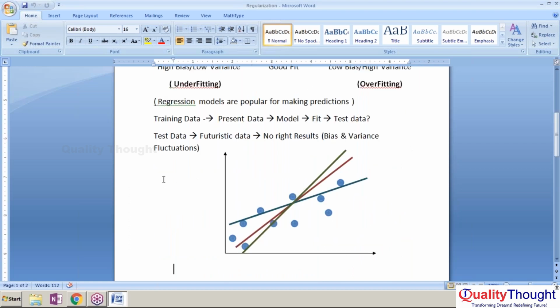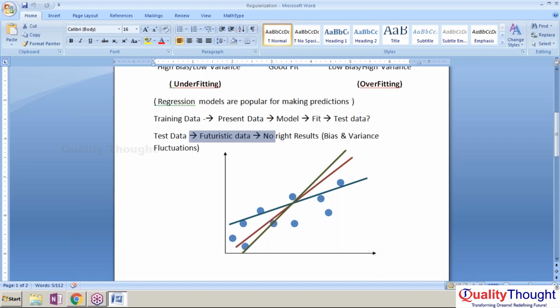For the training data, we use the present data, whatever we hold in our hands currently, and we try to fit the model. But is that going to work with the test data which is going to come in the future? That is the problem.